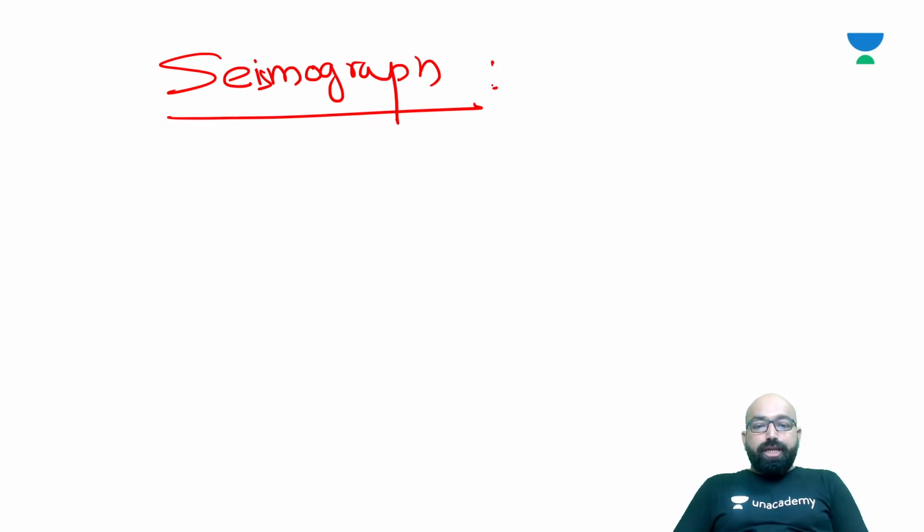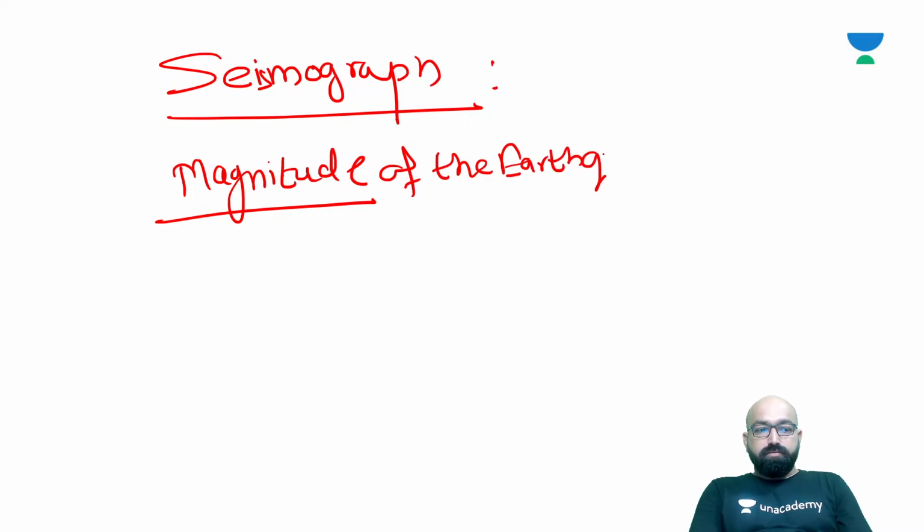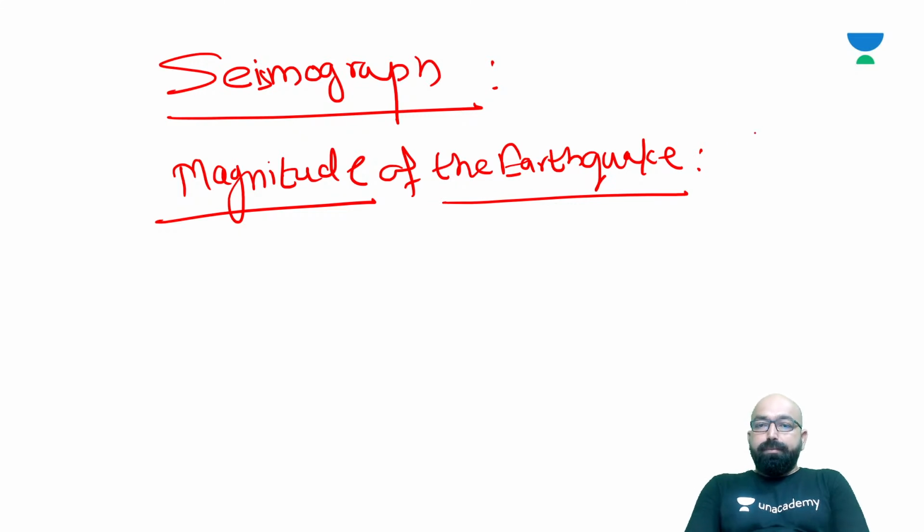So the earthquake is measured with a machine called seismograph, and the magnitude of the earthquake is measured, which is measured on the Richter scale.